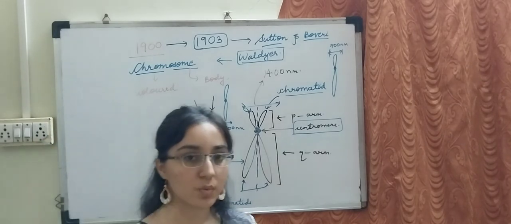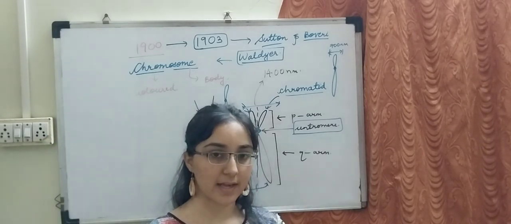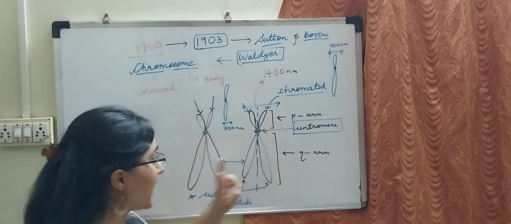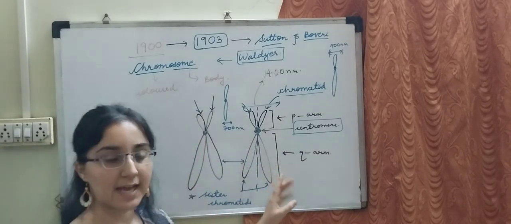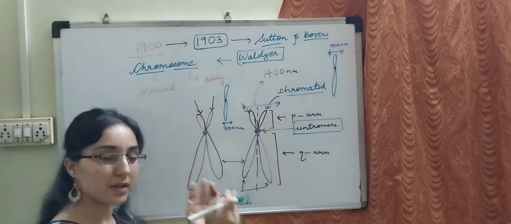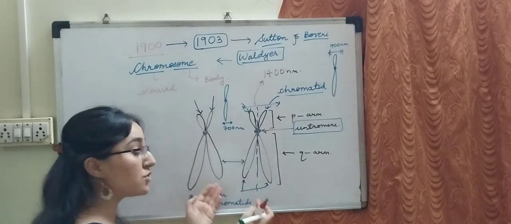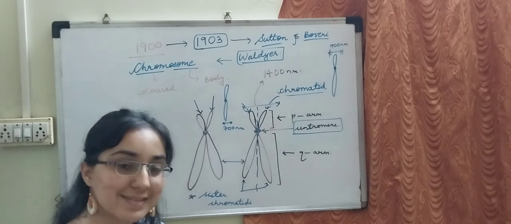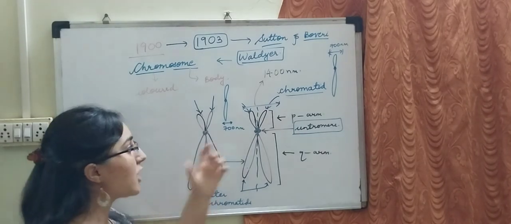So the thing is, when one centromere is attached by two chromatids, we say it as sister chromatids. But if we are speaking about two different chromosomes, then their chromatids are known as non-sister chromatids.